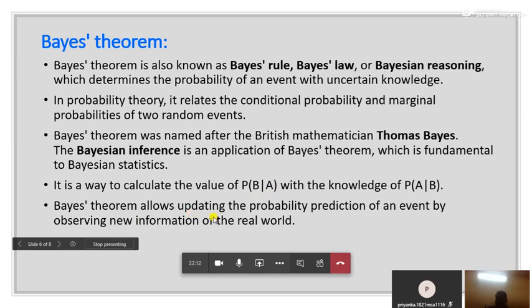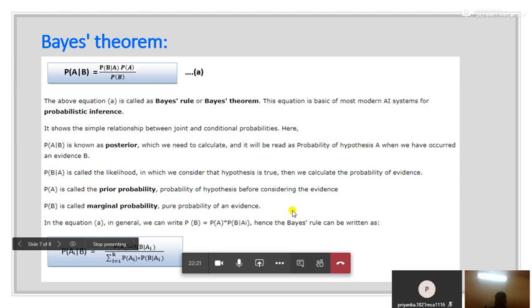Bayes theorem allows updating the probability predictions of an event by observing new information of the real world. So here is the formula for applying Bayes theorem.